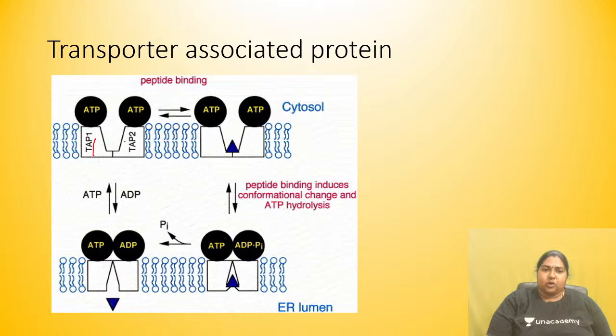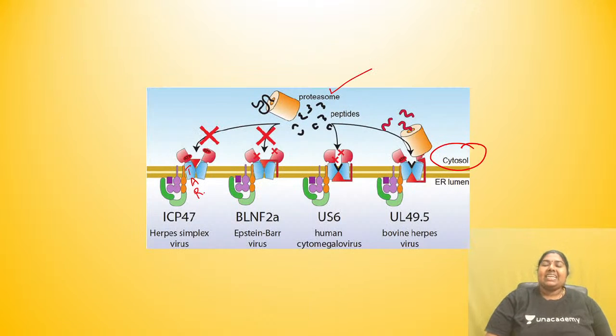Transporter associated protein. TAP cannot bind the big ones. It can bind only the broken peptides. So how will the peptide be broken? It will be broken only by the proteasomes. So you absolutely require the proteasomes. The proteasomes break the peptides for you, and this peptide will bind with this TAP, the transporter associated protein.